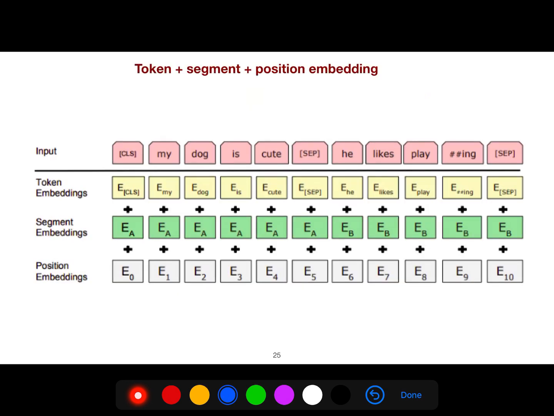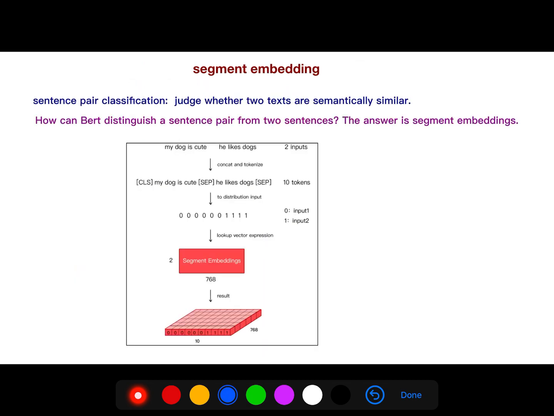And embedding is composed of token embedding, segment embedding, and position embedding. Token embedding is just word2vec, and position embedding tells, for example, this is prior to this, and so all of them are intuitive, but what is segment embedding? So in sentence pair classification, we judge whether two texts are semantically similar.